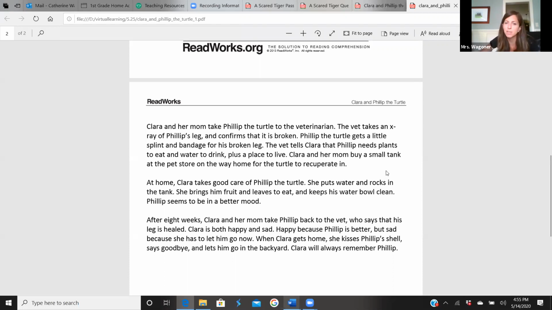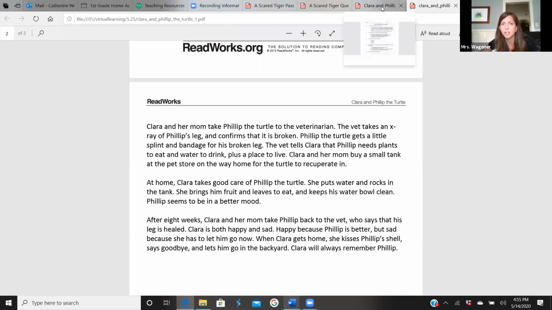Yay! Clara is both happy and sad. When something is happy and sad, we call it bittersweet. Happy because Philip is better, but sad because she has to let him go now. When Clara gets home, she kisses Philip's shell, says goodbye, and lets him go in the backyard. Clara will always remember Philip.